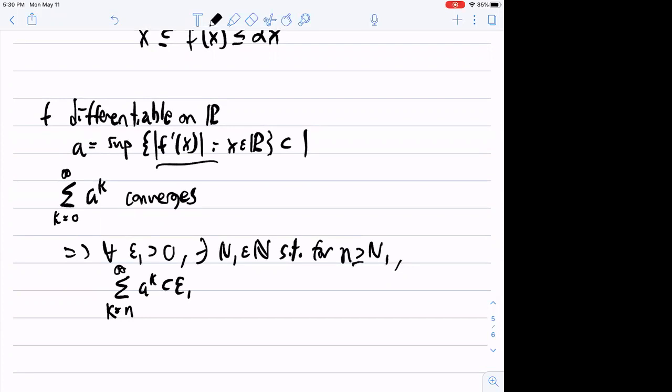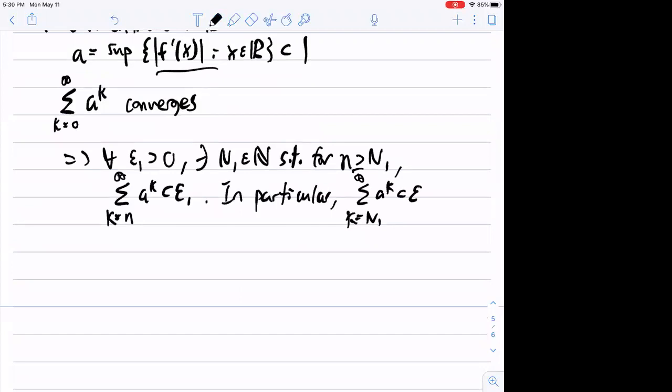I'll put bigger than or equal to just to make stuff easy. In particular, for n1 it's true. So a series converging means the tail goes to 0. We'll see why we need that.